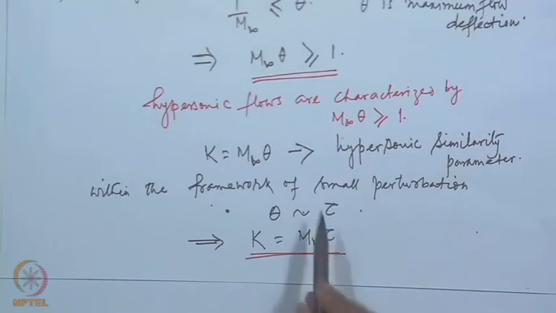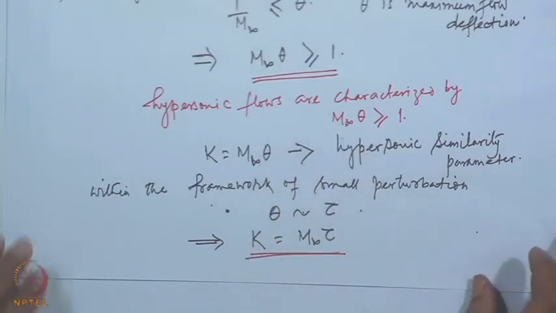That is, when M infinity tau is much larger than 1, the flow may be called hypersonic. Since we are not dealing with the complete set of equations for hypersonic flow, we can derive or estimate some approximate hypersonic similarity rule based on simple shock or expansion considerations.